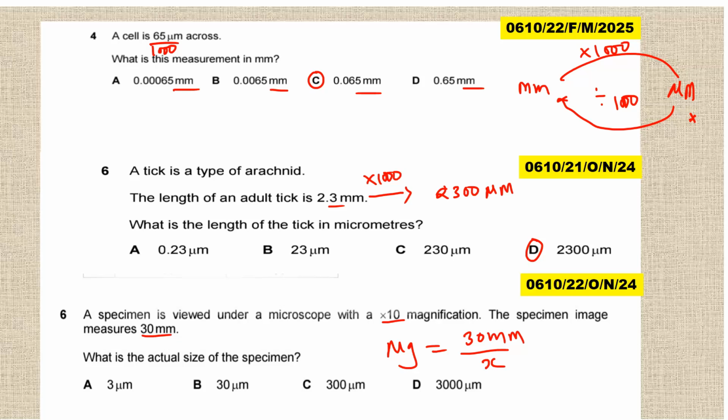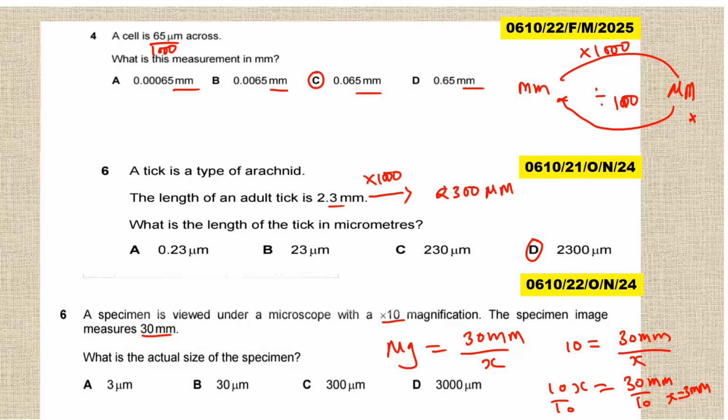Let us put X for the actual size. So 10 is equal to 30 millimeter divided by X. So 10X is equal to 30 millimeter. Divide by 10, divide by 10. So X is equal to 3 millimeter.